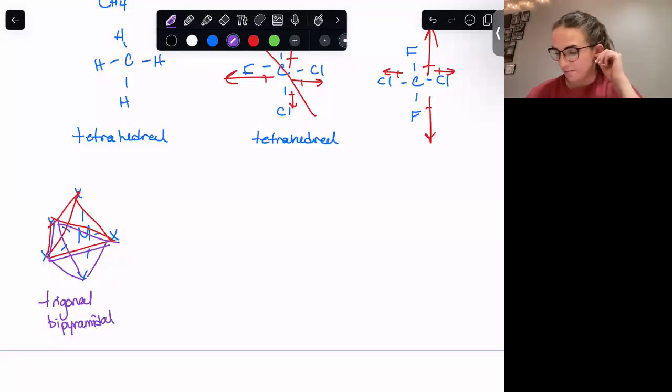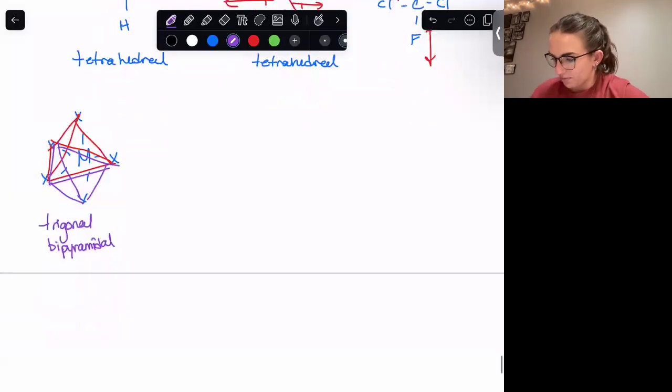When we talk about trigonal bipyramidal, what positions come off first? Your axial or equatorial? Here, equatorial can get removed.